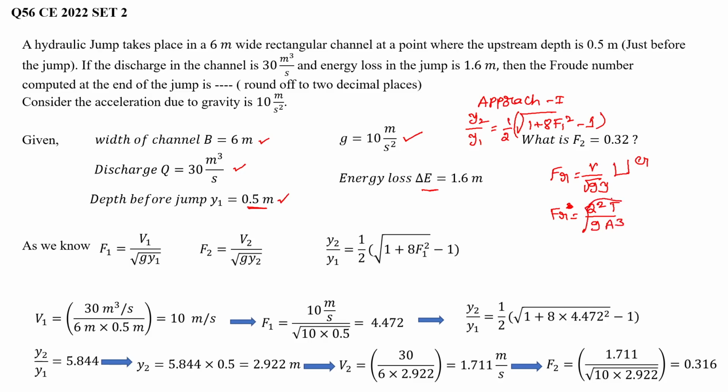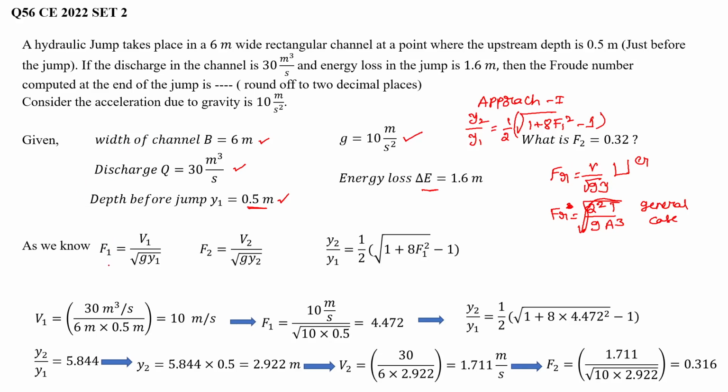Most of our examples are related to rectangles, so no need to remember this Q square T by g A cube, but it is good if you remember this formula. But the most relevant formula for us is v upon root over g into y.